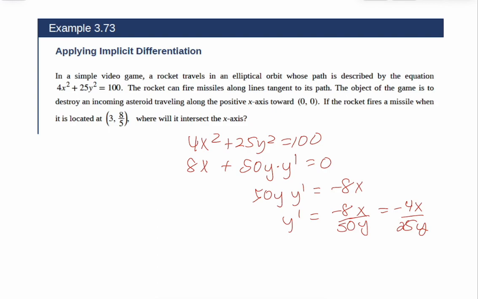Now, let's think about what the slope of the tangent is at that point. So if this is our point, what is the slope of our tangent? The slope of the tangent is, if we use this, -4 times an x value of 3 over 25 times a y value of 8/5.